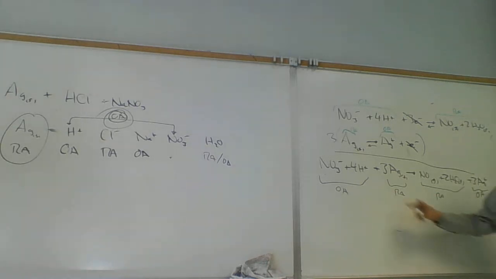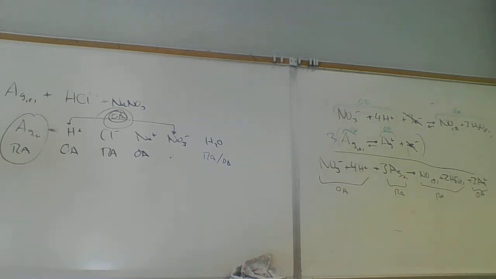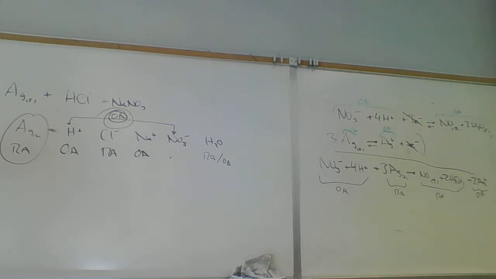And then let's compare the strengths here. Silver ion versus nitric acid. Which one's stronger? So here's silver ion, here's nitrate and H plus, nitric acid. Which one's stronger? Nitrate and H plus.